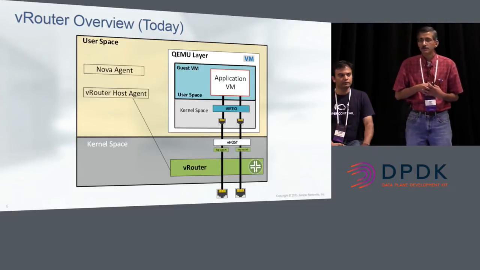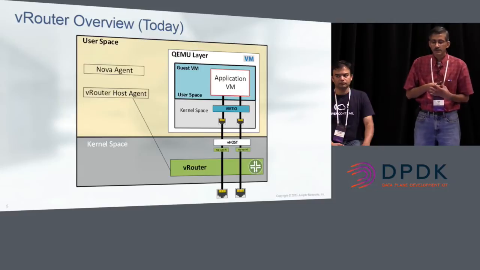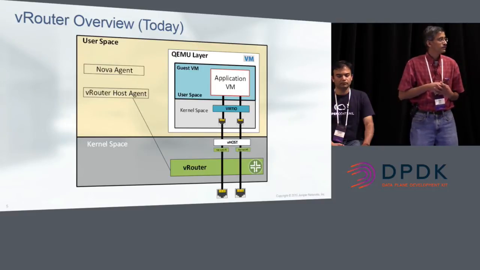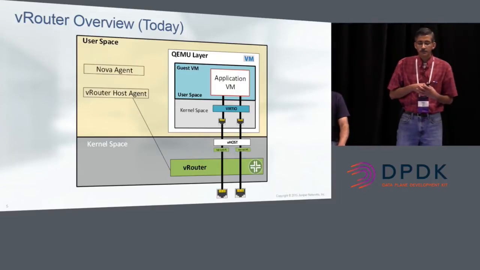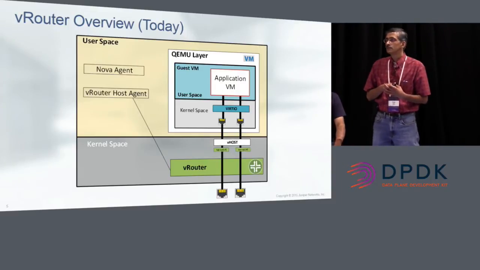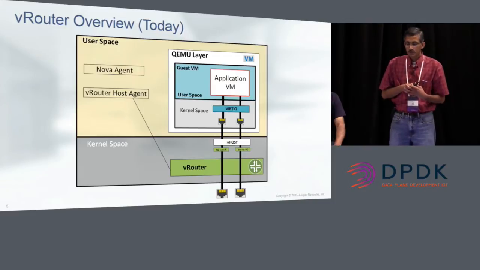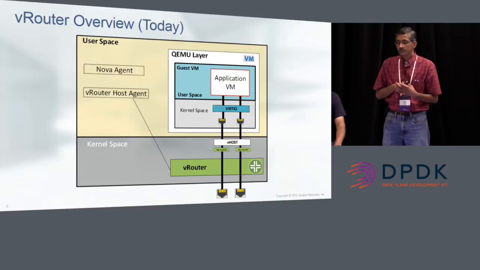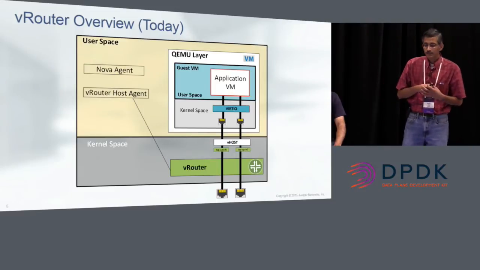And that happens through a netlink system call. And there is also a Nova agent, which is the component of OpenStack that is involved on the compute node when a new virtual machine is spawned on that server. So the user space agent interacts with the Nova agent, and it also interacts with the vRouter kernel module to program the forwarding tables. So the vRouter kernel module takes over the physical interface.